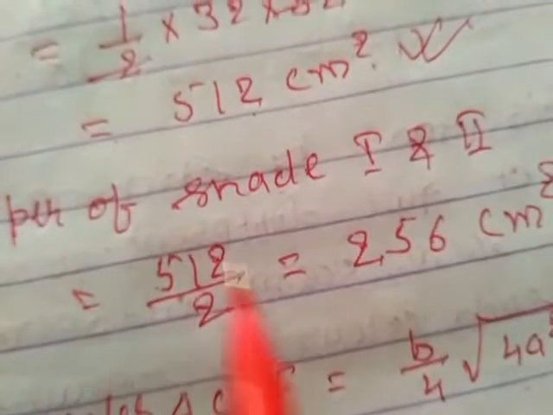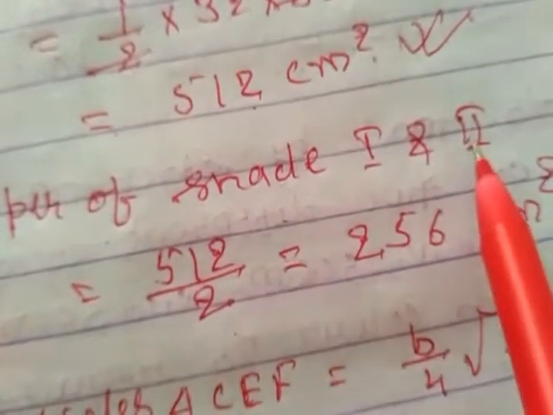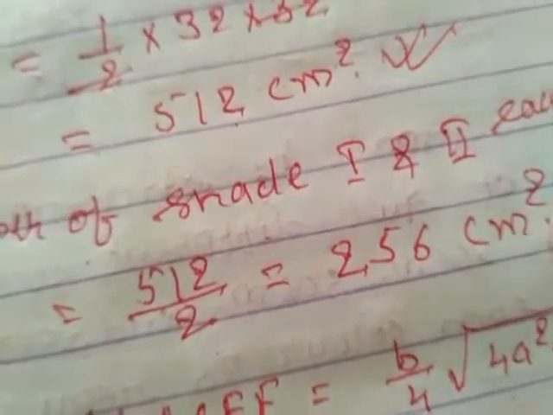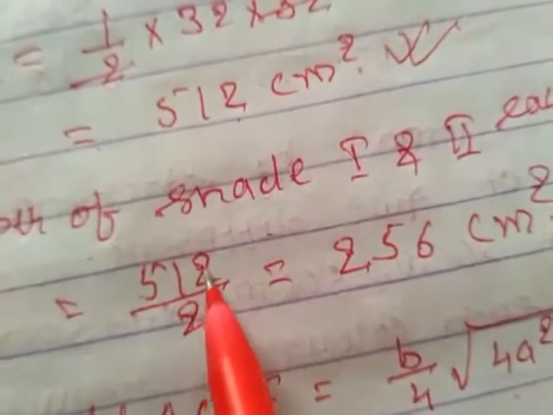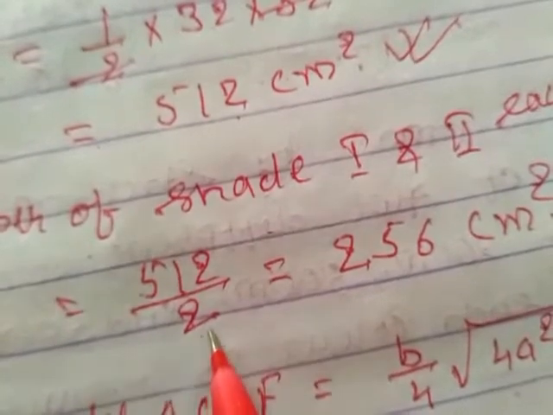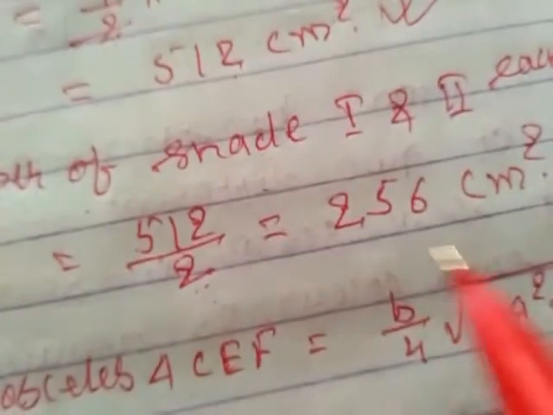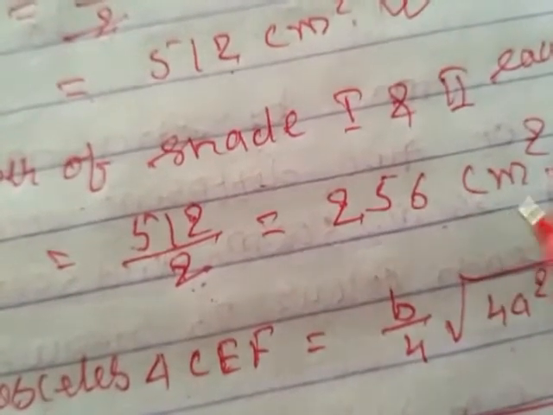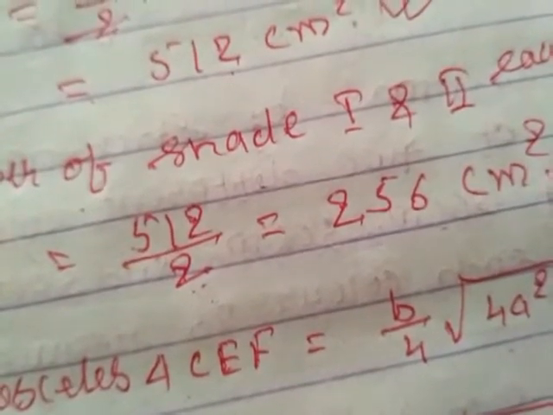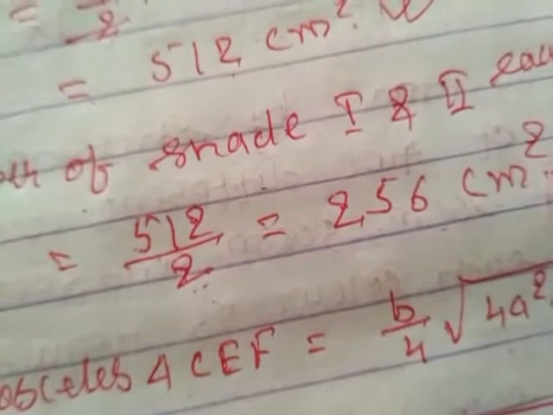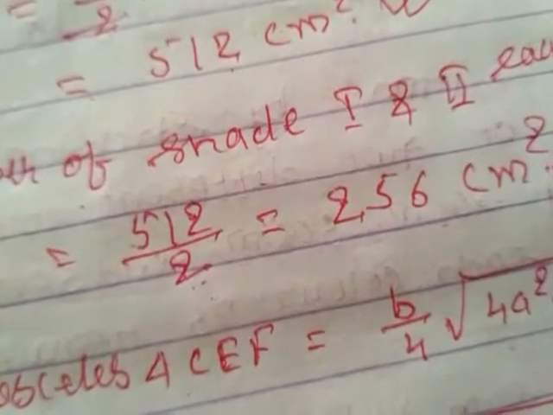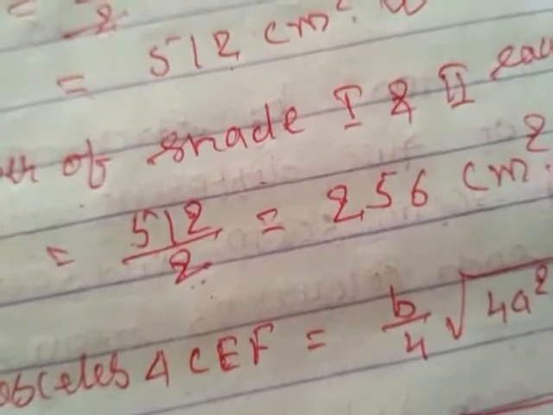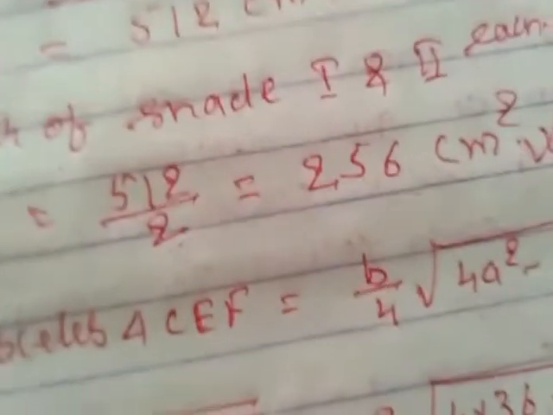So the area of paper for shade 1 and 2 each will be equal to 512 by 2, that is equal to 256 centimeter square of paper required for part 1, and 256 centimeter square paper is also required for part 2.